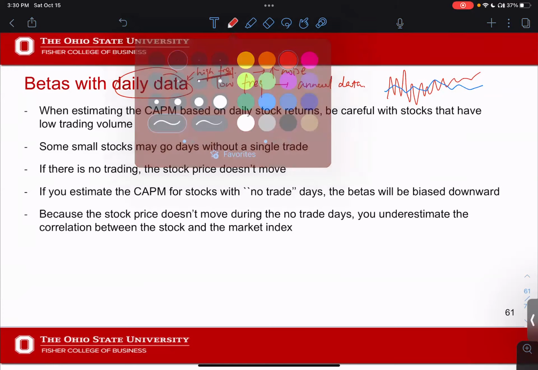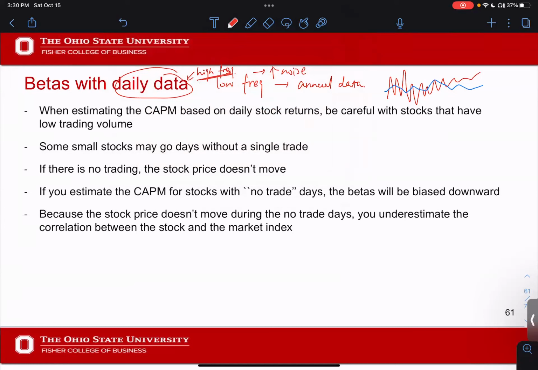If you use daily data, it's noisier, yes, but there is some benefit. You have more data, because if you use 1 year frequency, every year you only have one return. But within the year, there might be 250 trading days.